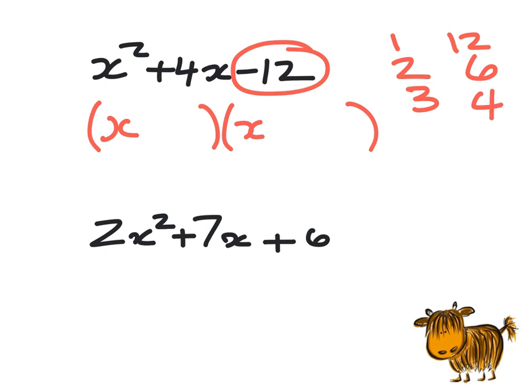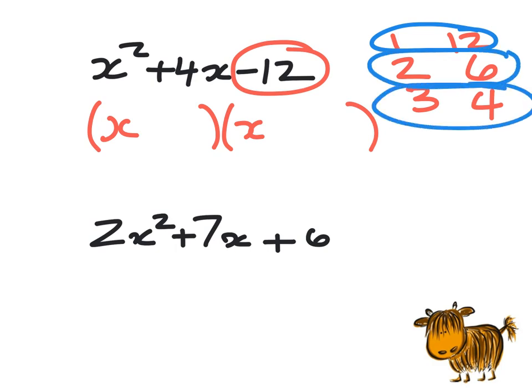Now which of these pairs, 1 and 12, 2 and 6, 3 and 4, which one of these pairs is going to give you positive 4? Right, can you make a positive 4 by using 1 and 12? Can you make a positive 4 using a 2 and a 6? Can you make a positive 4 using a 3 and a 4? Once you decide which one it is, one of the numbers is going to be positive, one of the numbers is going to be negative.